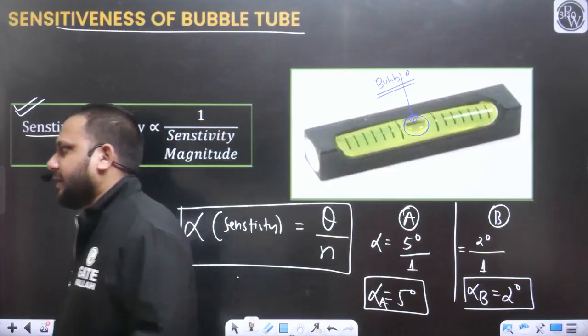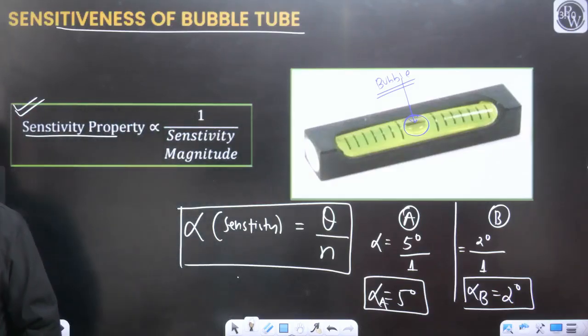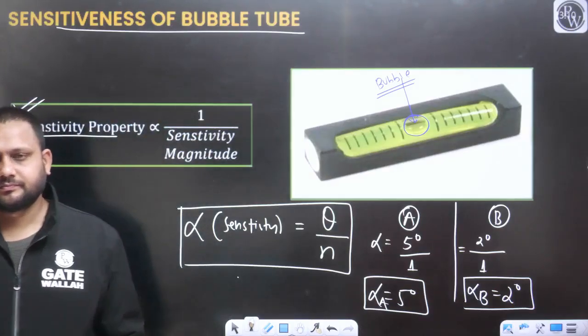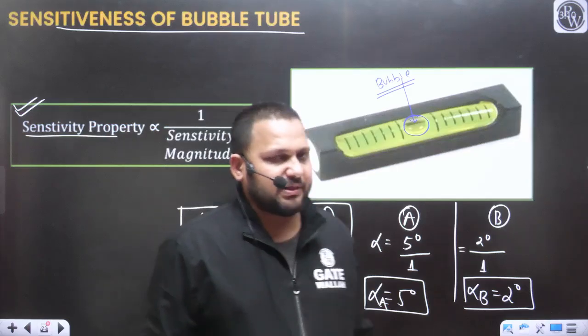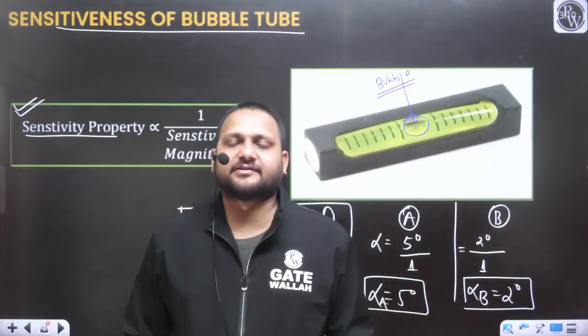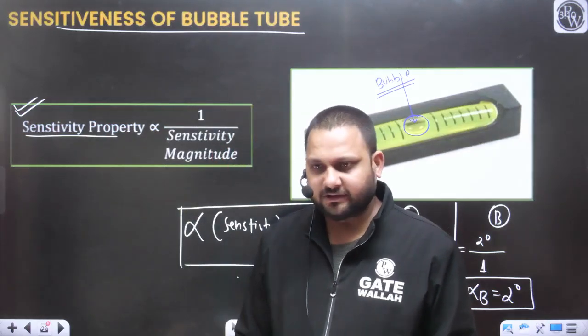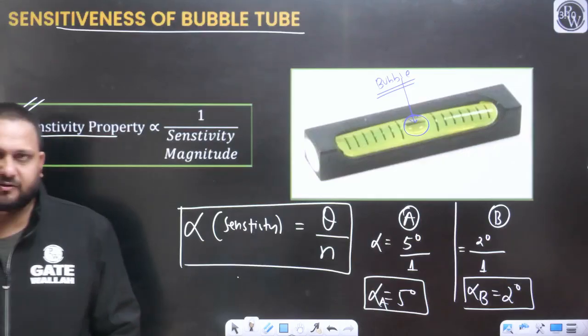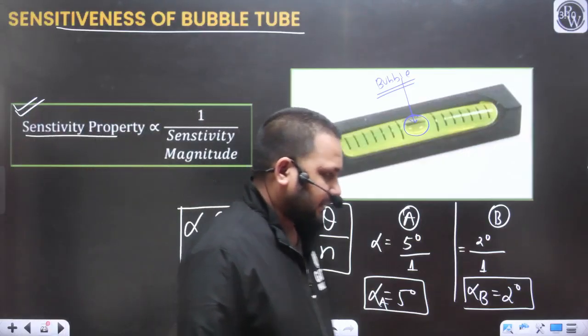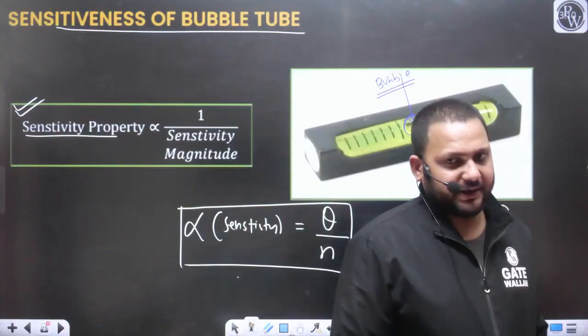The bubble tube which requires more angle, more rotation to move the bubble one division, will be less sensitive. Can we draw this very important conclusion?